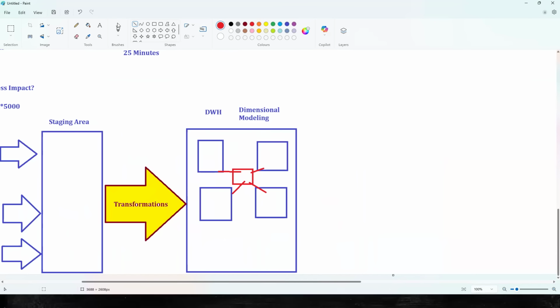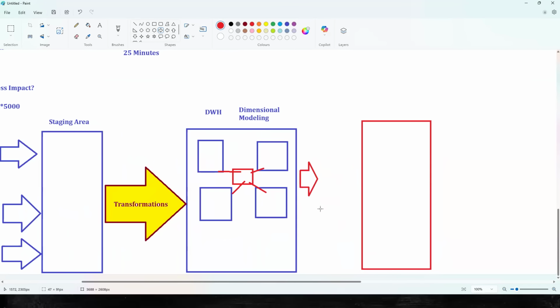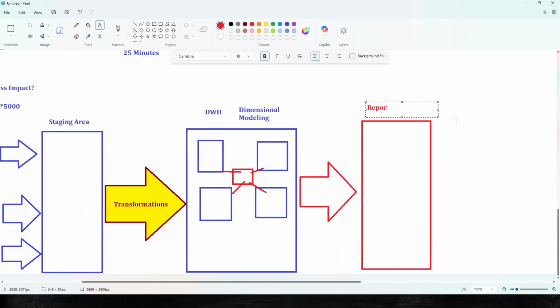So once you arranged it, the business folks are going to read the data from here and then report it. They are going to use the reporting tools. What are the reporting tools? It can be many.